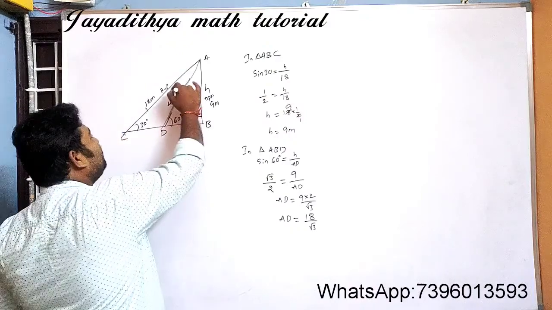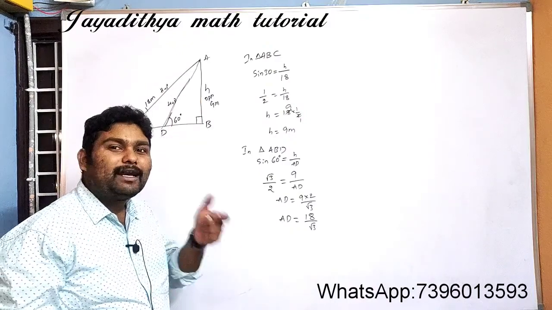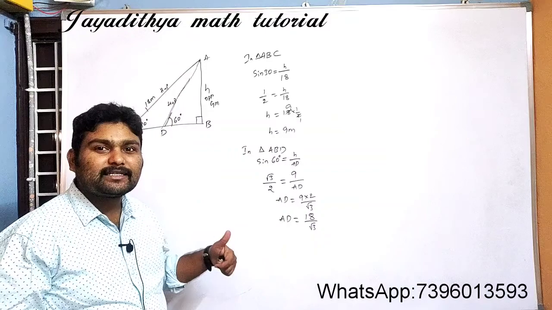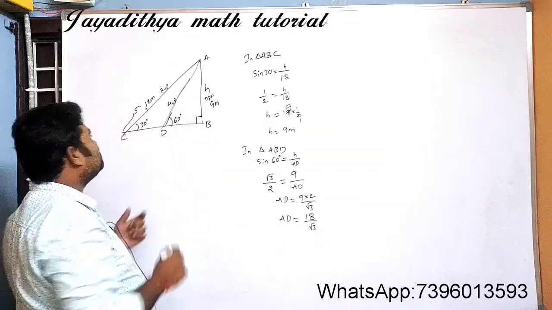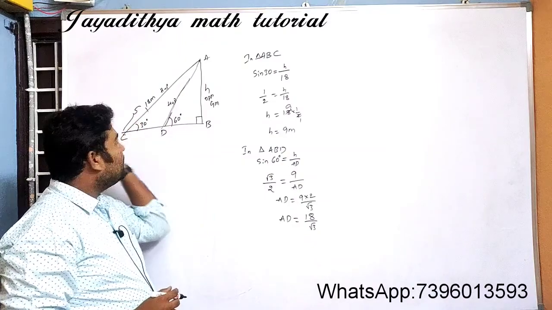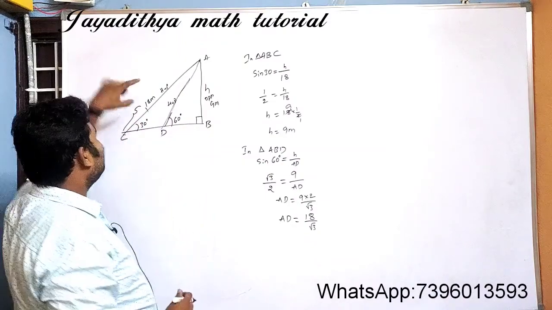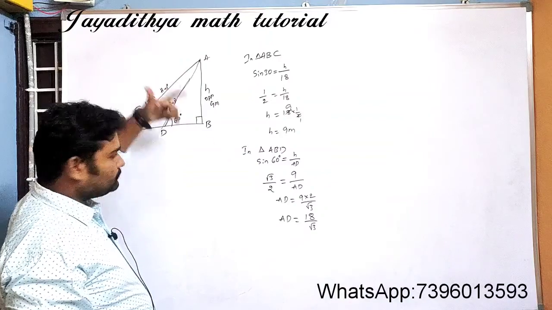Okay, we got the AD value. But what is our question? What is the length of the rope which was cut? So some part will be cut here now. You need to find the length of the part which has been cut. So what should you do? From 18 just subtract this one.